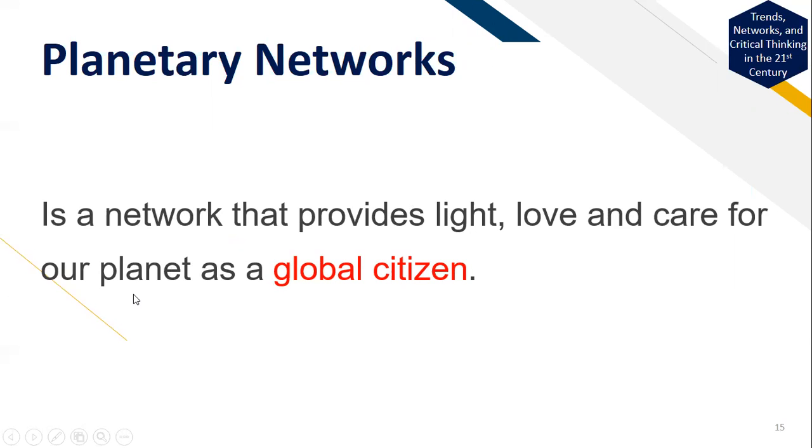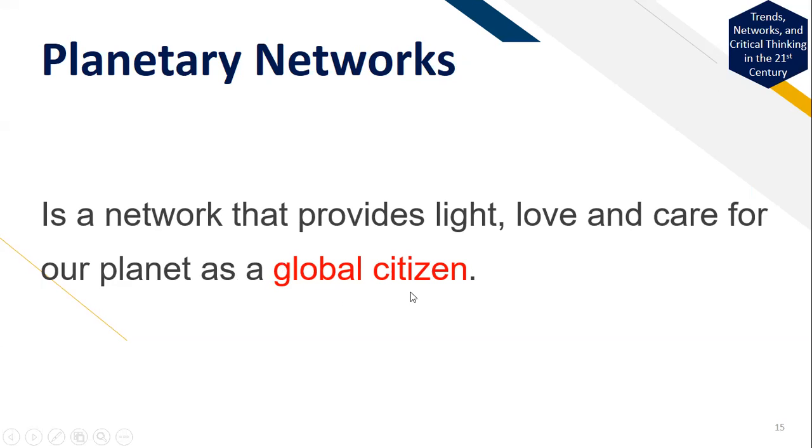Ito na nga yung tinatawag natin collective effort to sustain the ecological balance and to address the climate change happening in our planet. Kaya nga siya tinawag na global citizen.